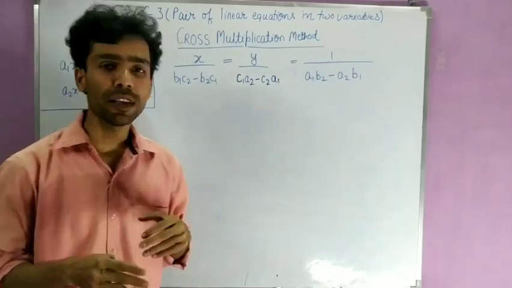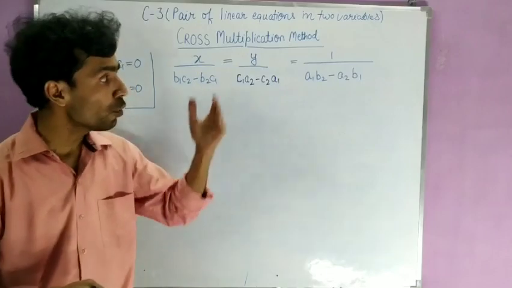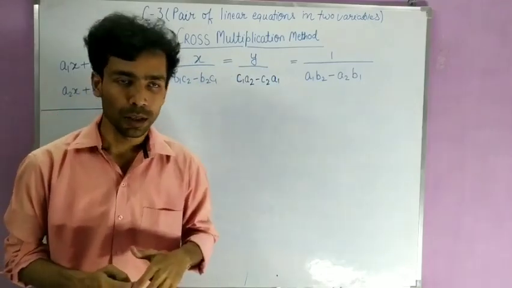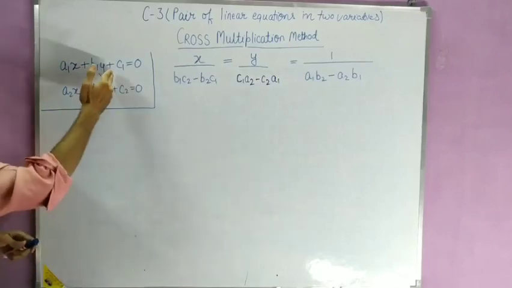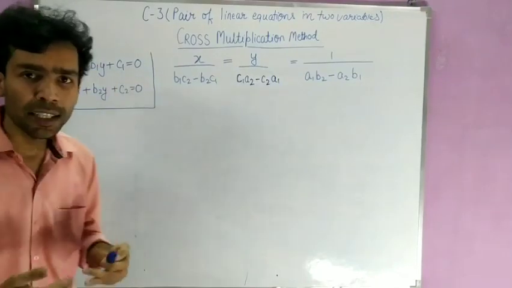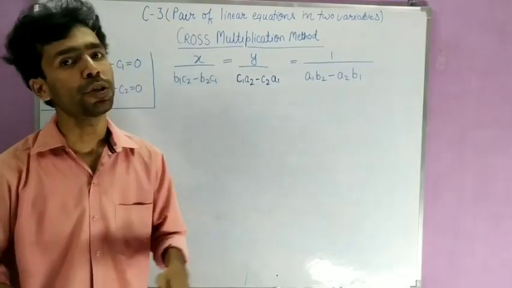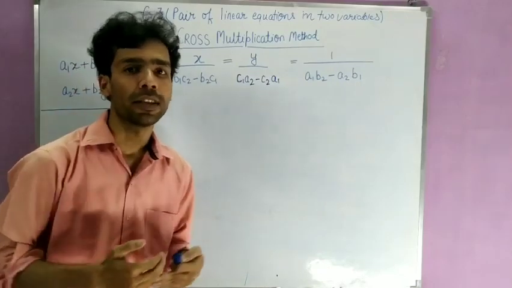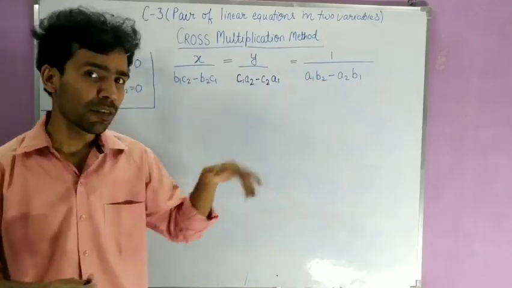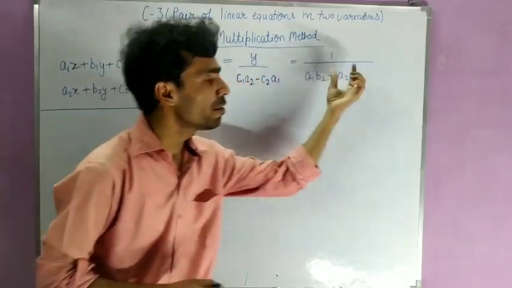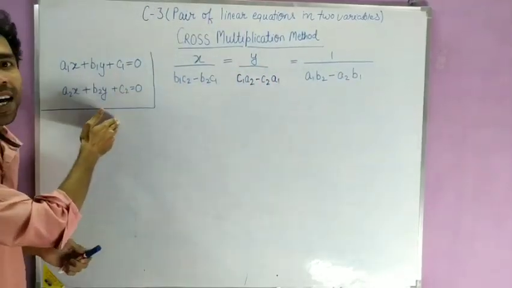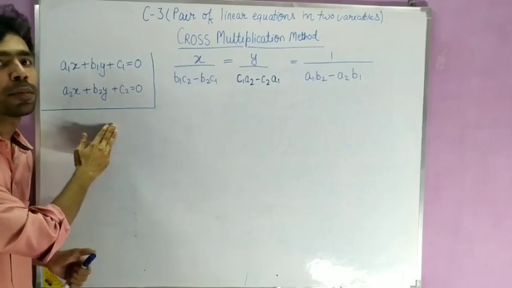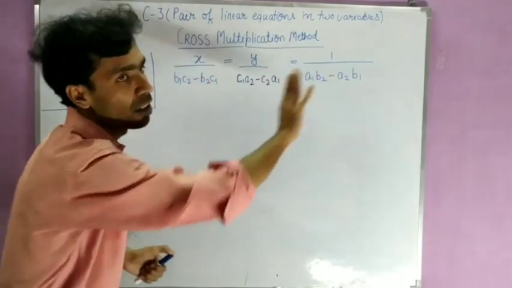Now most of the students will ask, sir, how did this formula come? Whenever you solve these equations by either elimination or substitution, you will get some result, and on the basis of that result we can write that formula. If you want to check this formula, you can solve it by either elimination method or substitution method, and you will find that result only.